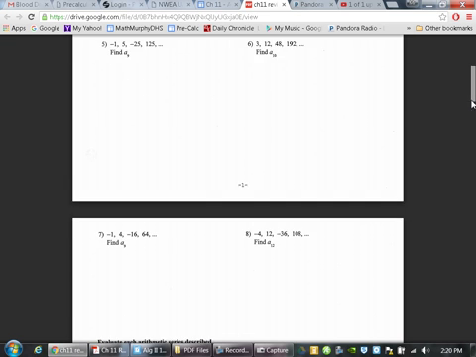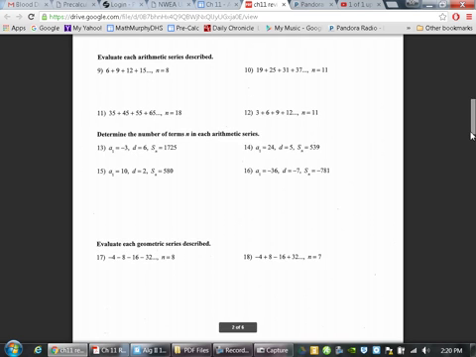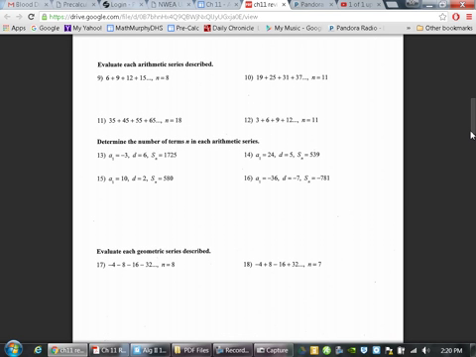Some of these on the first page, you have to define the sequence and go from there. That might be a little bit more than we've ever done, so I wouldn't bother with that to start out. I'd go figure out the arithmetic sequence. There's your number of 8. You want to evaluate the series, 6, 9, 12, 15.